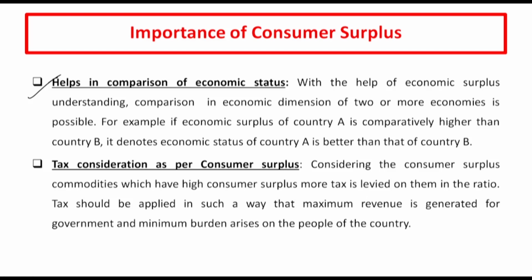In comparison to the country where there is consumer deficit, consumers are not using their money rationally, they are not thinking wisely, so they are not making optimum utilization of scarce resources. So with the help of consumer surplus, you can actually check the economic condition of the country, because the economic condition of the country is decided by the people of the country. It is the people who actually work hard and make the country better.